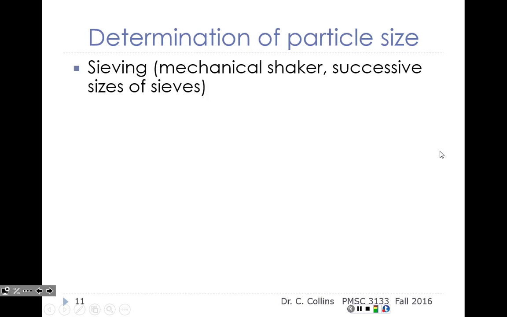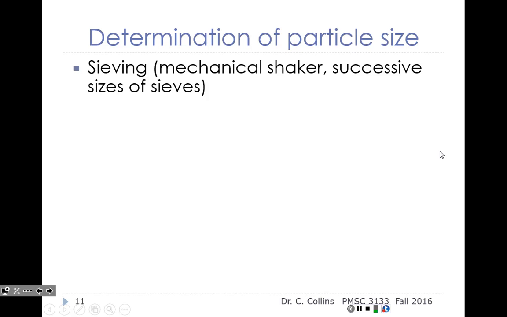Determine the particle size. And I'm going to start off next class with a demonstration of this. I thought I'd talk about it first and then bring in the equipment to demonstrate it. One method is sieving. You have a series of screens with various holes in them.